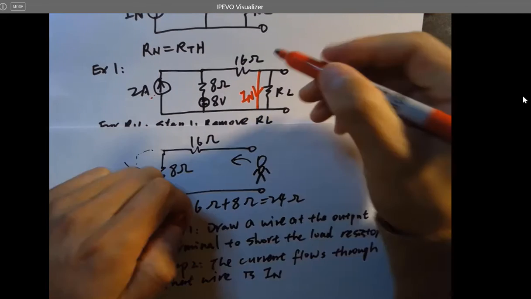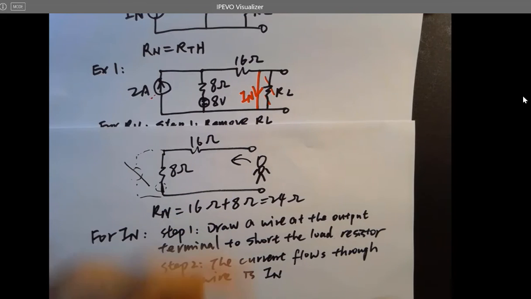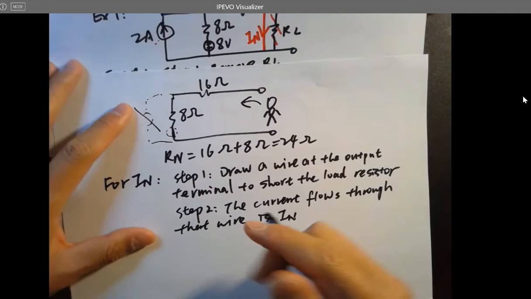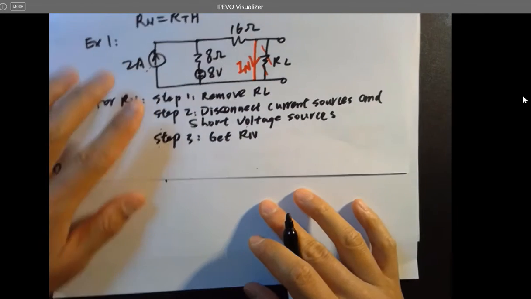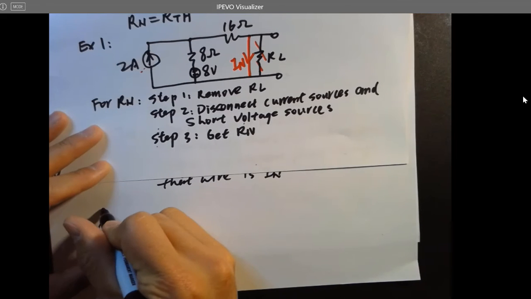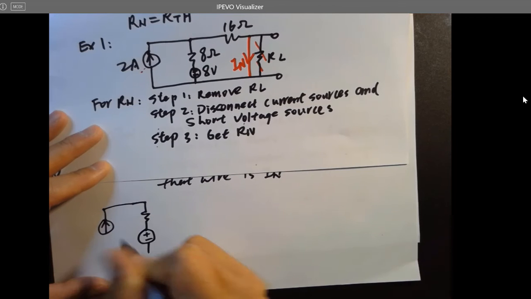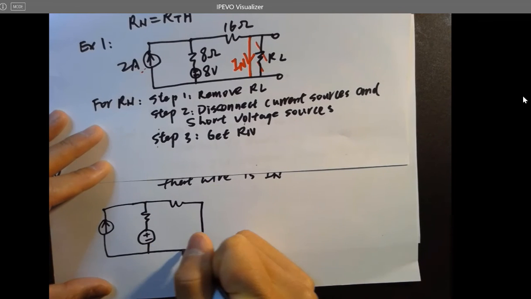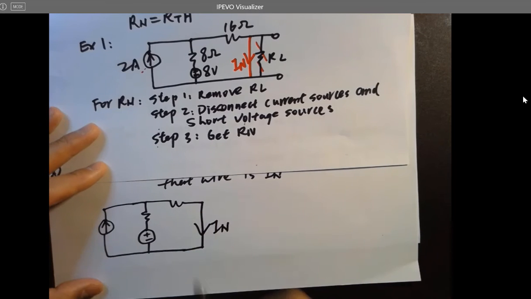You can imagine that if you draw a wire here, this resistor will be shorted. You don't have to remove it, because no current is going to flow through it. So eventually this circuit will be converted into something like this.